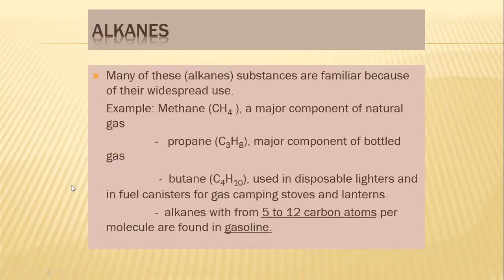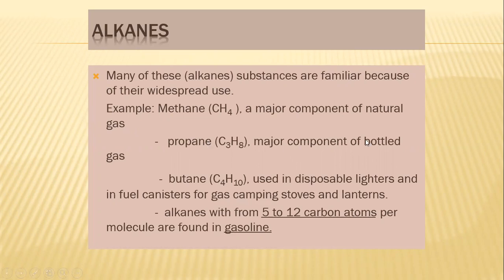Here we have named different compounds, the alkanes, saturated hydrocarbons. Many of these alkane substances are familiar because of their widespread use, for example in the gas cylinders we regularly use for camping stoves and lanterns. Methane is a major component of natural gas.